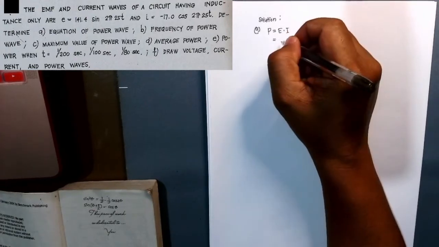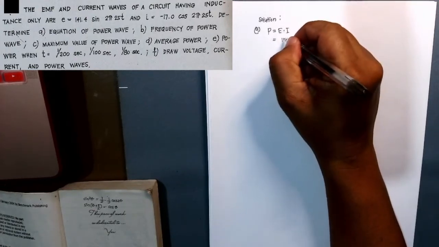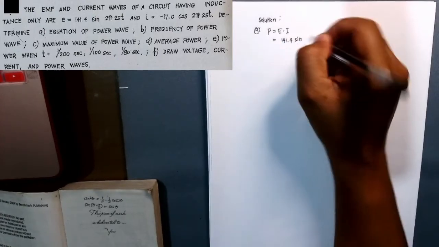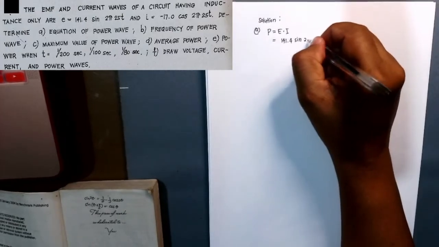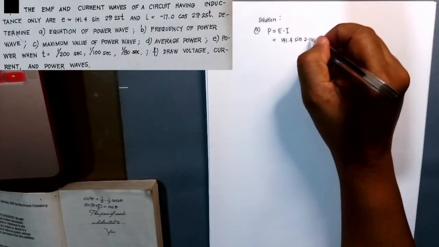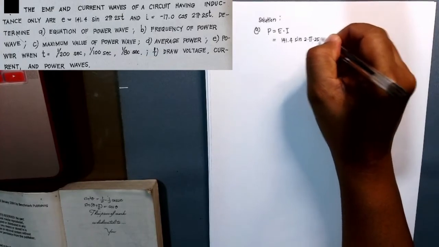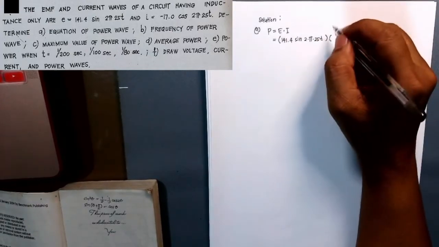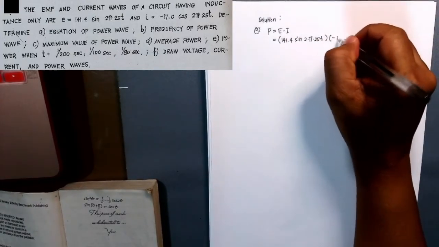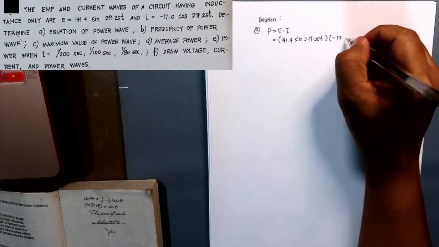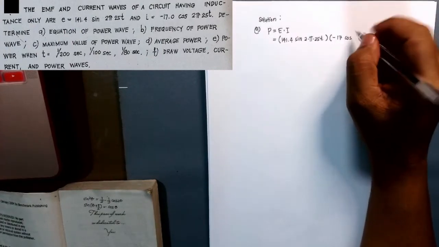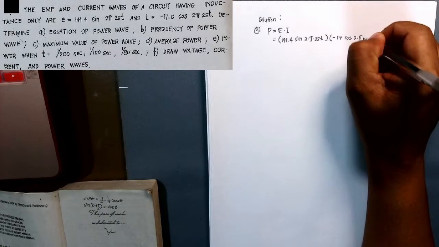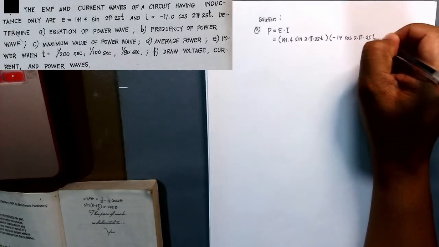So the voltage is 141.4 sine 2 times pi times 25t. This is for the voltage, and we multiply it by the current, which is given also as negative 17.0 cosine 2 pi times 25t.